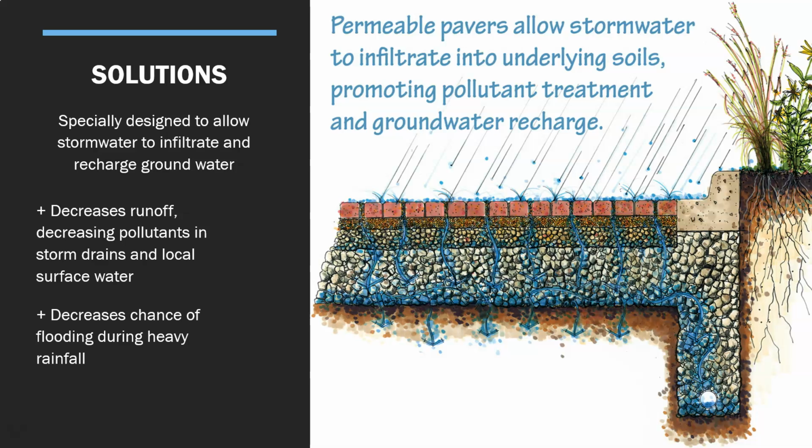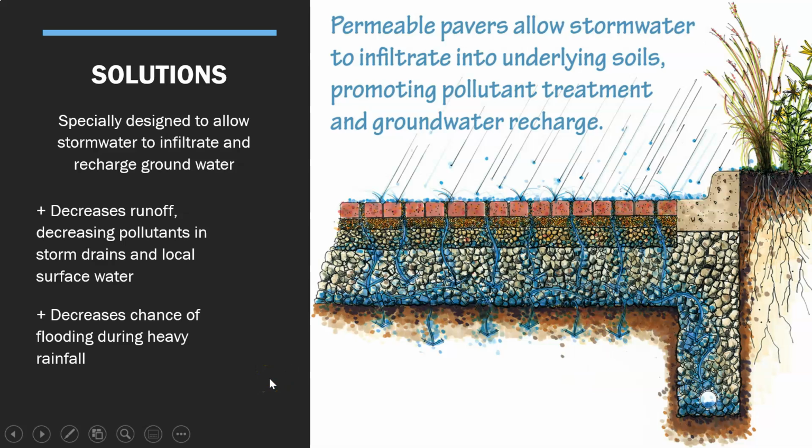Permeable pavers are specially designed to allow stormwater to infiltrate and recharge the groundwater. You can see there's spaces between these pavers that allow water to come in. We've got layers of gravel down below, so that will filter out some sediment and larger particles before it gets back down into our groundwater.